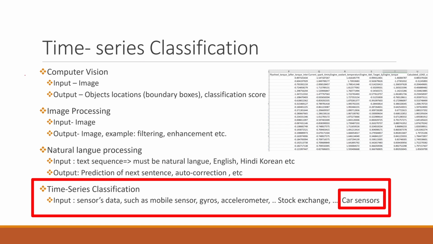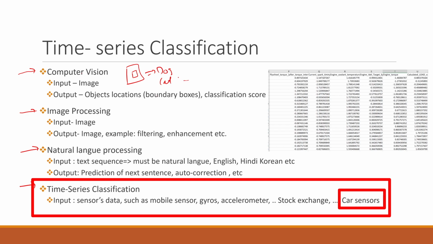As a deep learning student, we know that we have several domains of deep learning where we can apply it. For example, one of them is computer vision, in which the input is an image, right? Most of the time the outputs are not images; sometimes the output is bounding boxes, sometimes it's a classification score or class like dog, cat, and so on.